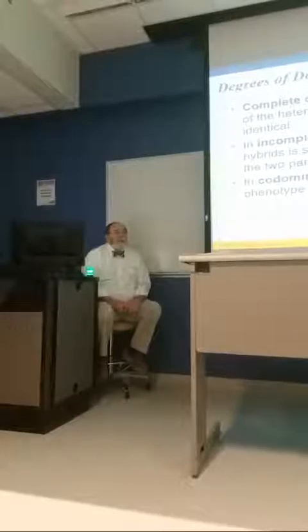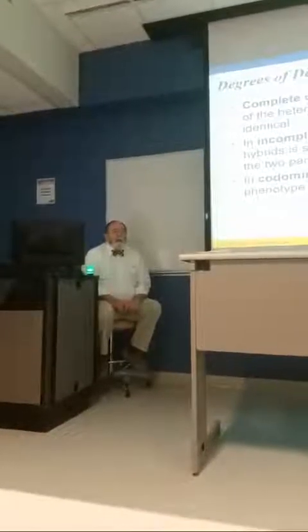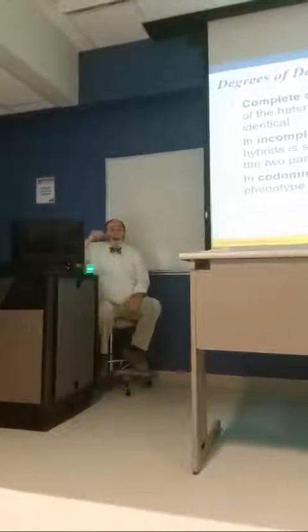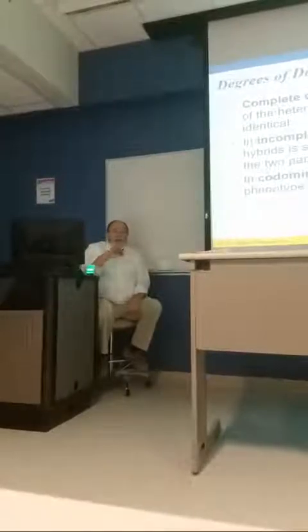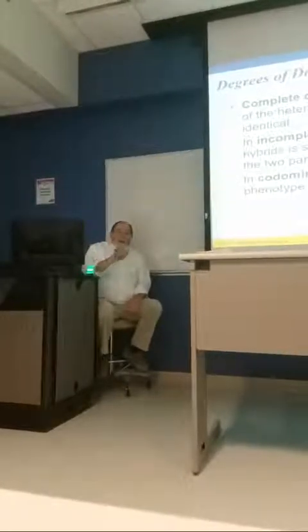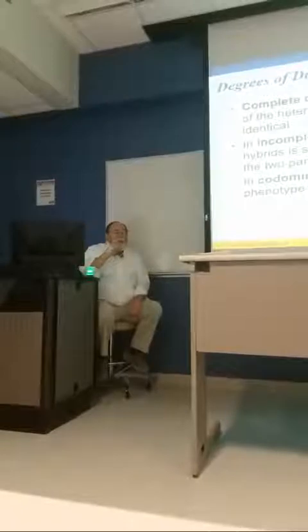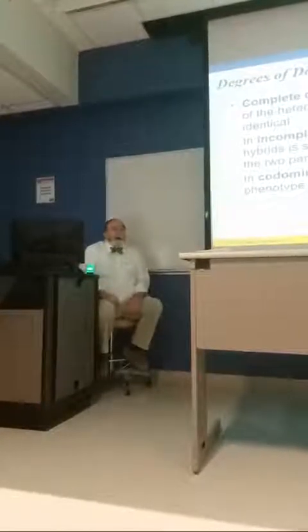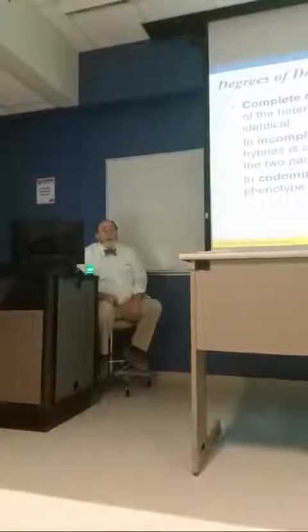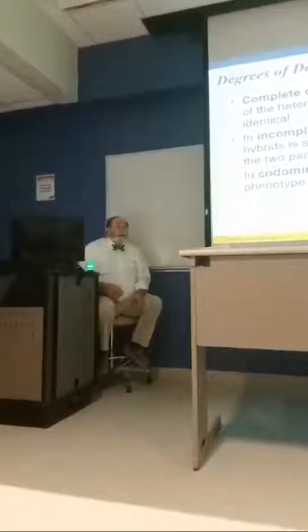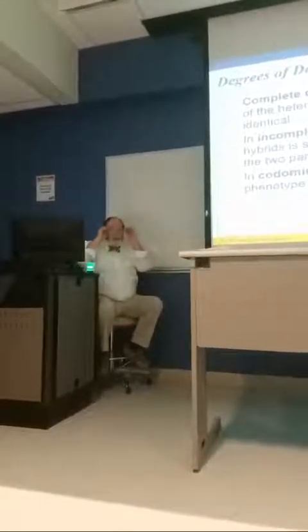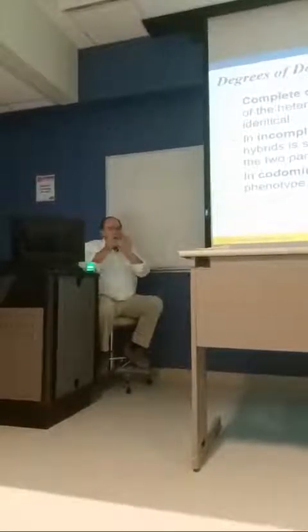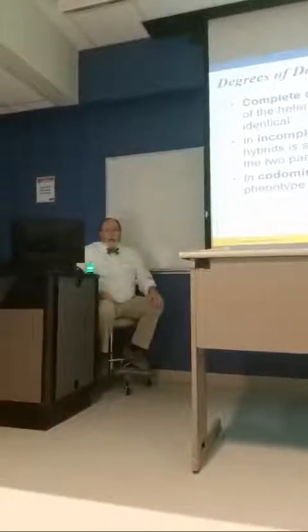Roan cattle are mostly red, but there are white hairs growing out of it. Now, it's not blended, it's a pure white hair. It's just mixed with a bunch of red. That's codominance, where the dominant trait shows up more than the recessive, but the recessive still shows up. So when you see that in cattle, you get that kind of splotchy looking effect.